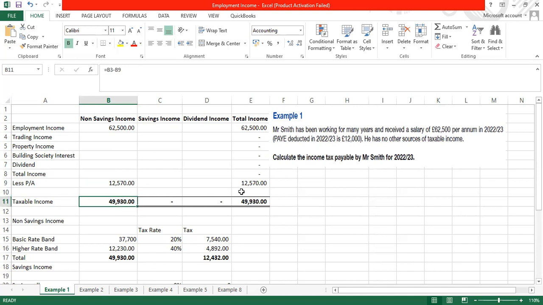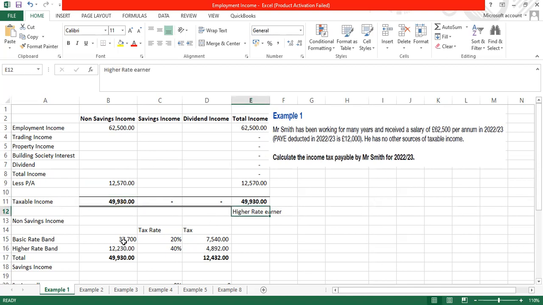49,930. So Mr. Smith actually is a higher rate earner, because his income is more than 37,700 after deducting the personal allowance. So he falls in the higher rate band.